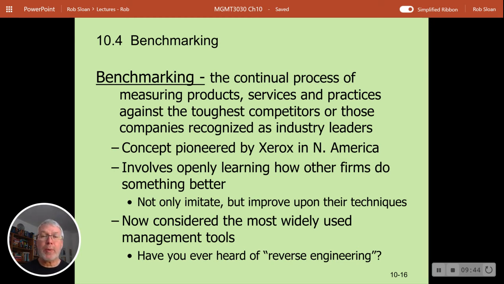It's really about openly learning about how other firms do things and how they do things better than you do, but going beyond imitating and trying to improve upon their techniques. It's now considered the most widely used management tool. And I'm sure you have all heard of reverse engineering, companies that take a good idea and improve on it. And of course, Apple has been a fabulous company for doing that.